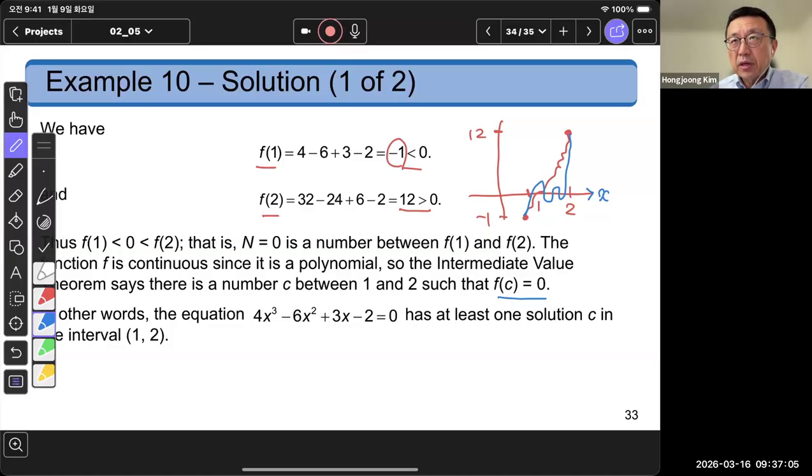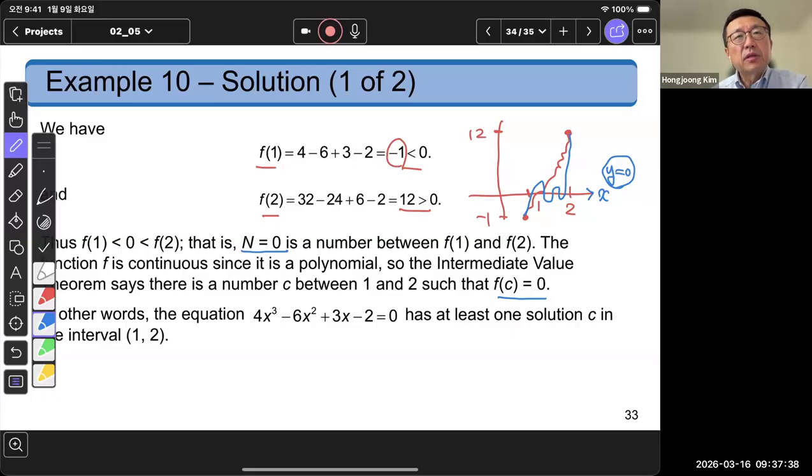Because the x-axis can be represented by this. So if we think of the intermediate value theorem with 0 for n, then the intermediate value theorem guarantees that since the function f is continuous between 1 and 2, its graph must intersect with the x-axis, which corresponds to n equals 0.